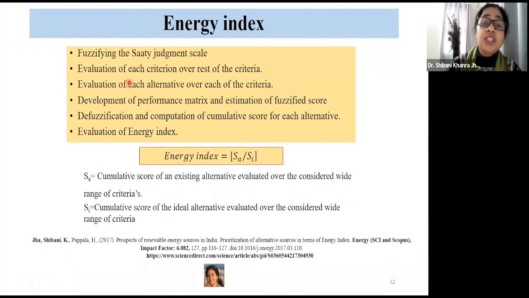Then evaluation of each alternative over each of the criteria follows, and a development of a performance matrix is actually required, and estimation of the fuzzified score, and then defuzzification and computation of cumulative scores for each alternative is done, which finally gives the evaluation of the energy index, that is SA by SI.